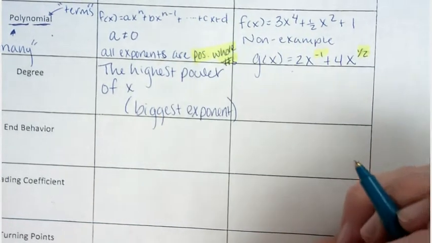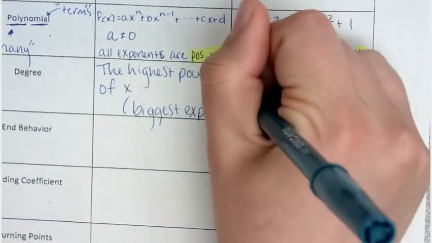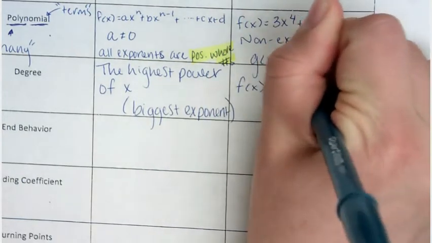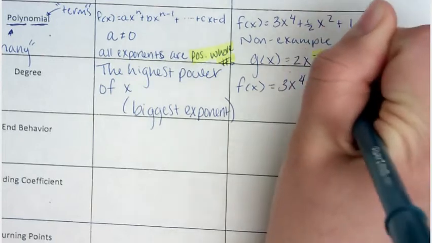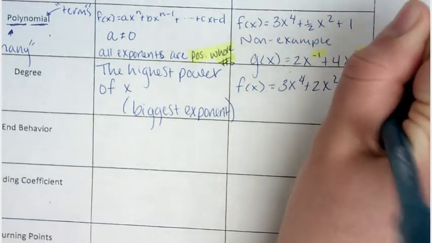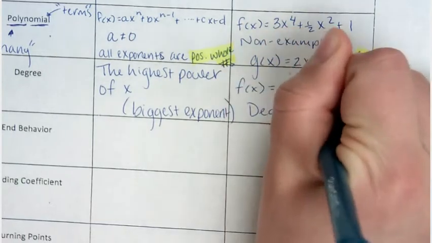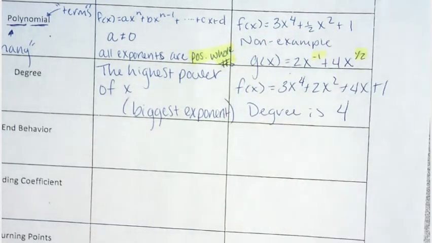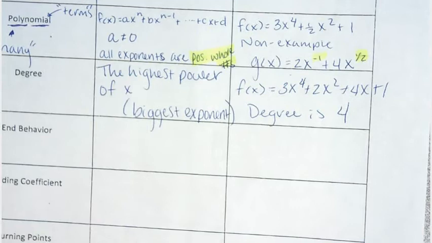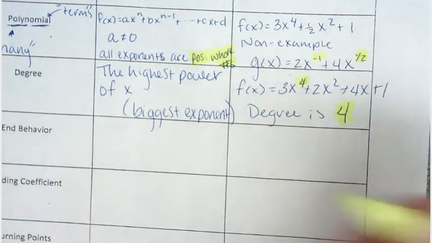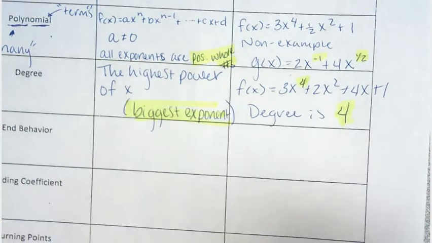So for example, in the polynomial f of x equals 3x to the 4th plus 2x squared plus 4x plus 1, our degree is 4. So degree 4, the highest power is 4. It's the biggest exponent.